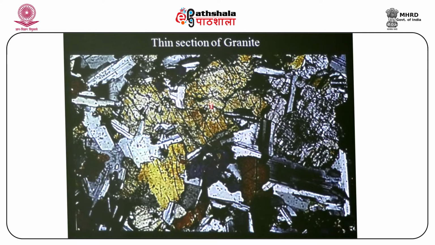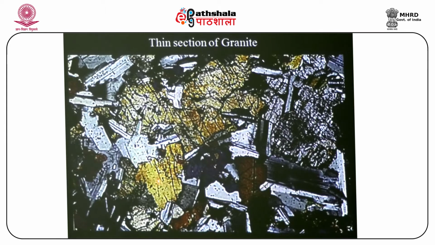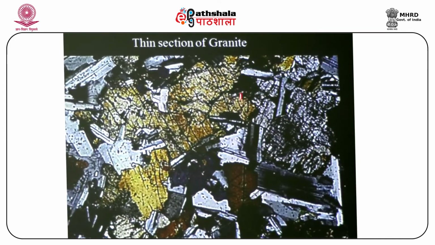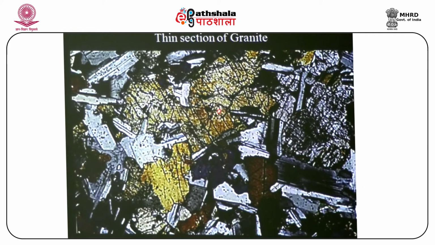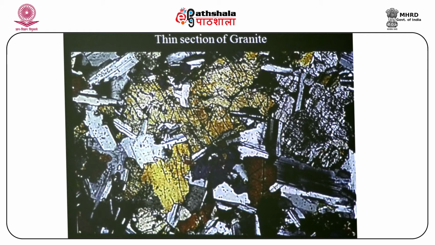Granite is one of the most common, which is a silica rich rock, and as you can see here, they have minerals which are mostly K-feldspar or orthoclase, and also some biotite and muscovite and some amphiboles. So these are the common minerals available in the granitic rock.